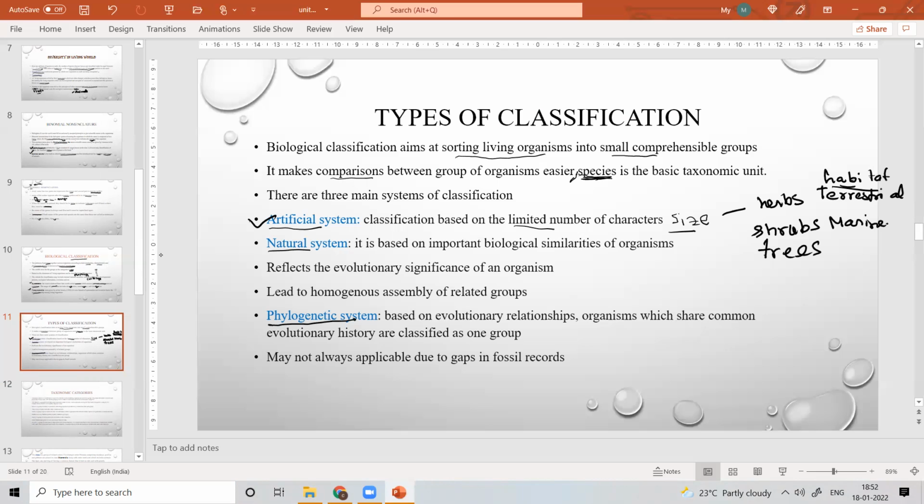So it is not possible to understand them simply, because unrelated species may come under one group. And similar species may be sorted into two different unrelated groups based on a limiting character like habitat or size.